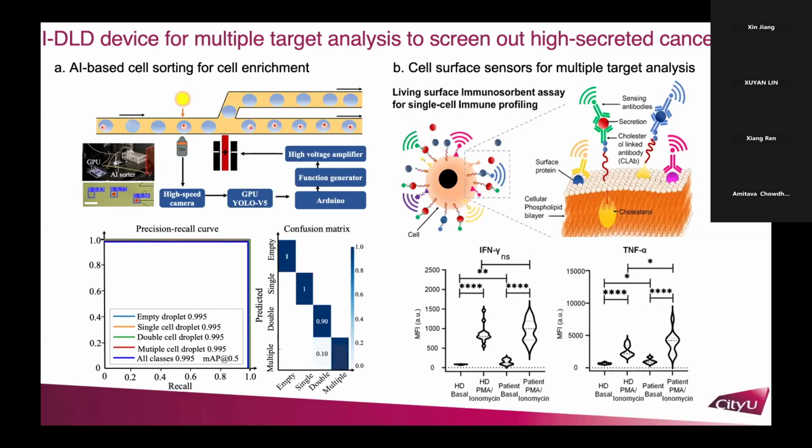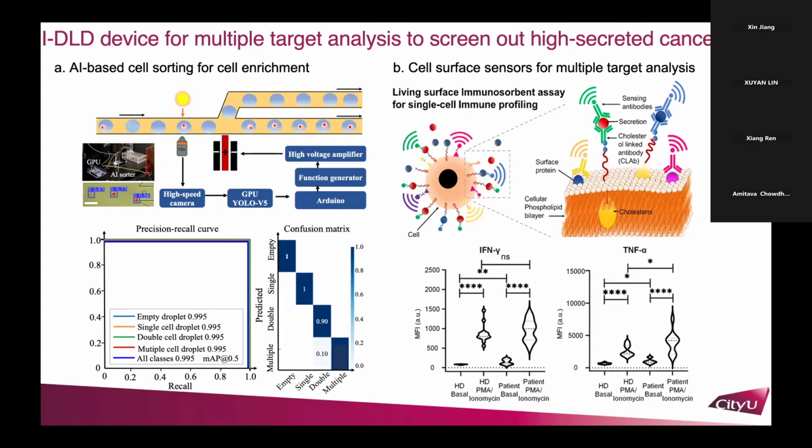Therefore, in order to enrich the droplets with cells, we applied our well-established AI-powered droplet sorter to enrich the cell-containing droplets, and this platform performed very well in our lab, and we also achieved a highly concentrated population of droplets with cells.